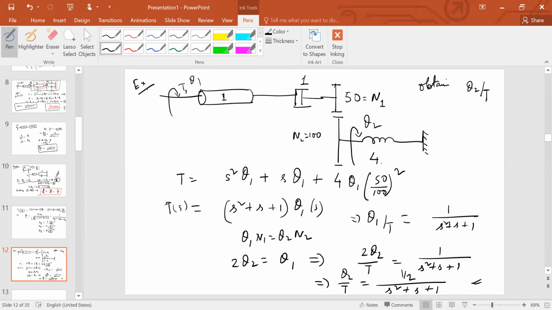So with this, we end module 1 of our third lecture. In module 2, we shall focus our attention on electromechanical systems, particularly a DC motor. And we shall see how the speed of a DC motor can be controlled by 2 modes. One is through armature control, and the other is field control.